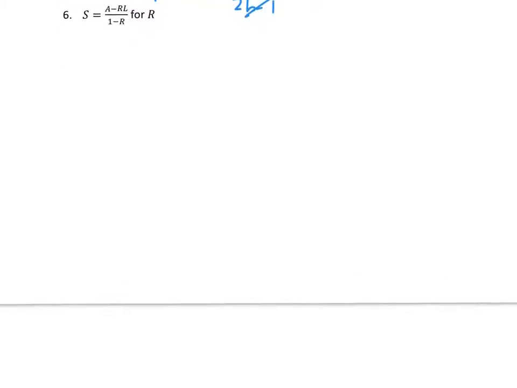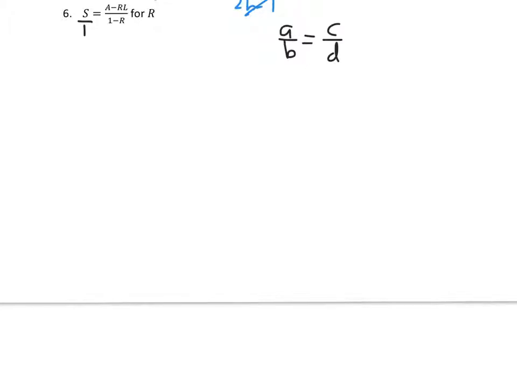Okay, we're on our last problem now. This one is another one that involves a fraction. I'm going to deal with it slightly differently this time. This is really s over 1, and then that's equal to another fraction. So it's of the form a over b equals c over d. One fraction is equal to another fraction, and that's called a proportion.